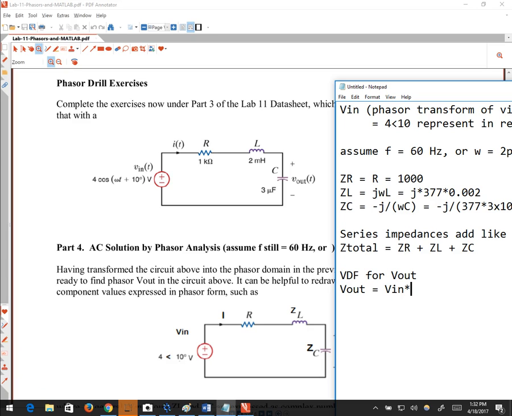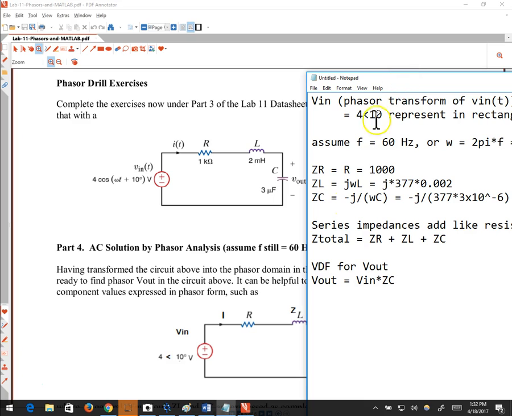What's the impedance of the capacitor? ZC, yeah, we'll just call it Z. You can make variables here, or you can just type them in directly, but it's convenient to work with variables. In MATLAB, it's really good that way. So you can define ZC like this, and then just use ZC and divide it by Z total. It's the impedance of the capacitor divided by the impedance of that whole network.